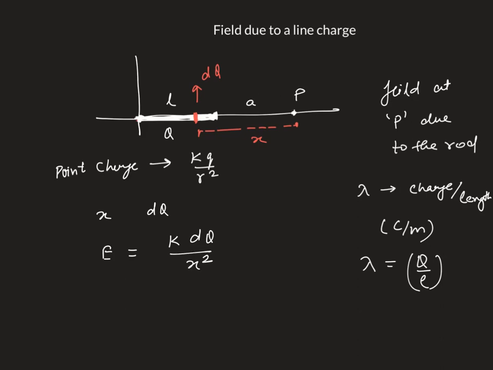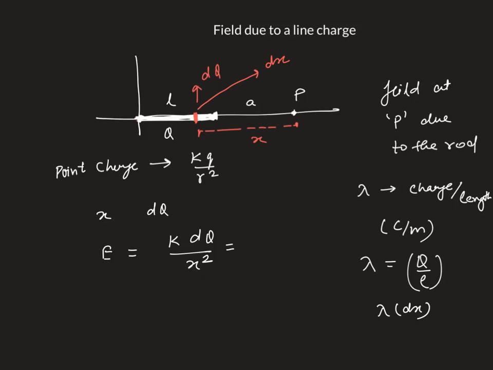Now, how much is dq? How do we find dq? So dq is lambda into dx. And why is that? Because lambda is charge per unit length, charge distributed in the length, and dx is the length, this particular length. The length of this part of the rod is dx.